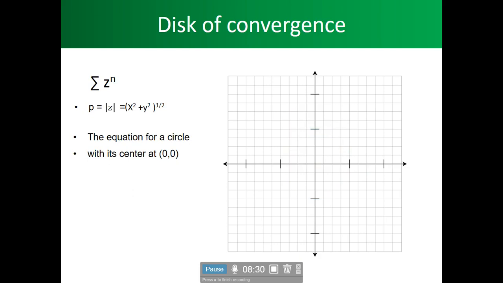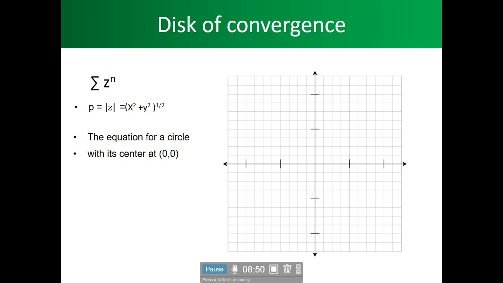Okay, so now we have the first one we would like to look at. We see that this is the equation that we're using for finding the absolute value. It is the same formula that we're using for a circle.